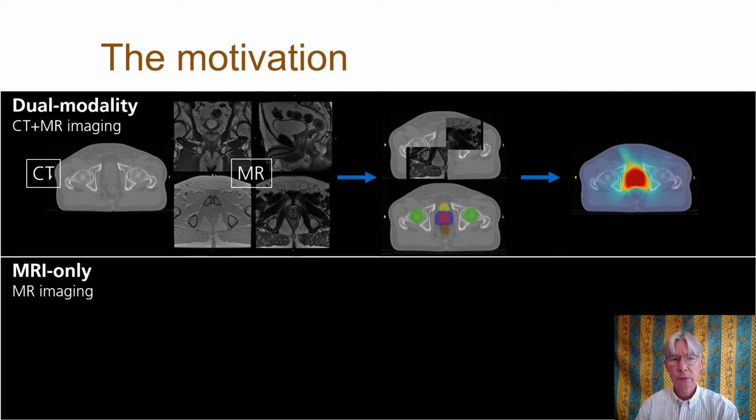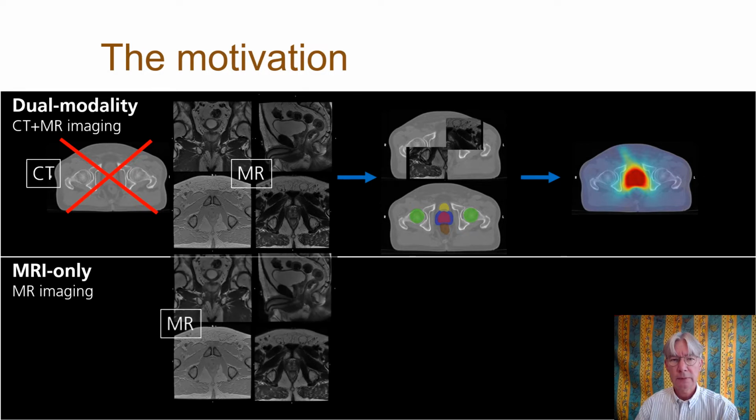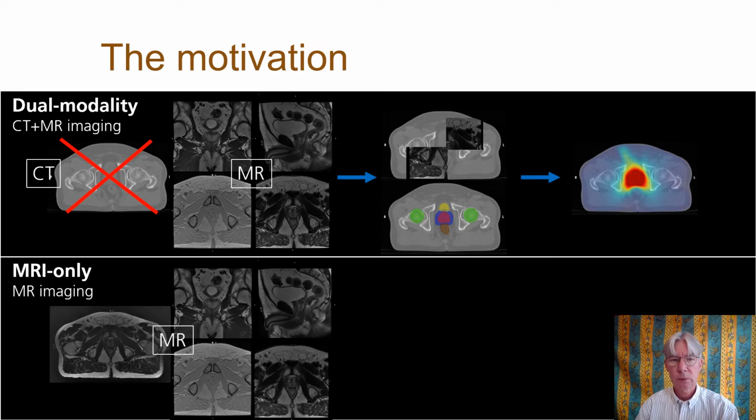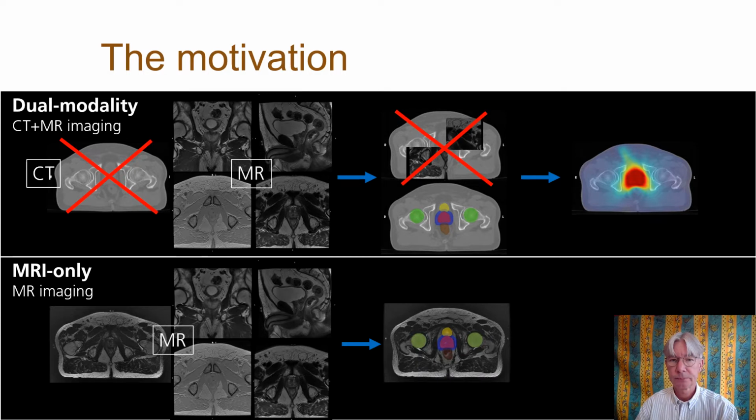In the MR-only workflow, we don't have the CT. We do have the same MR images, but we will add an additional sequence to acquire a large field of view MR image covering the outer surface of the patient. And that one will be used to generate a synthetic CT. We can outline and contour on the MR image.